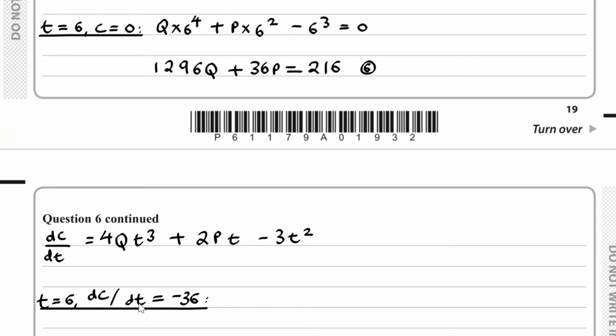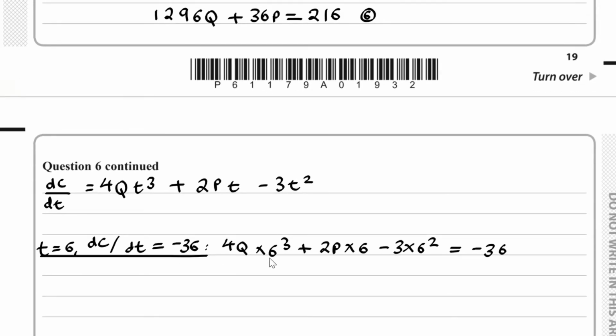So substituting in, we have 4q times 6 cubed plus 2p times 6 minus 3 times 6 squared equals minus 36.